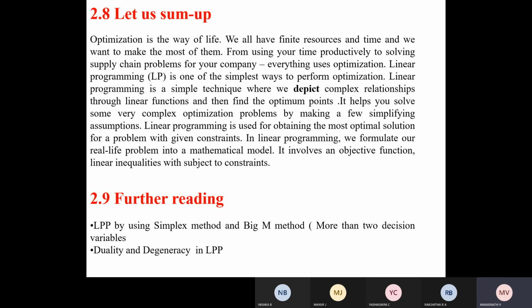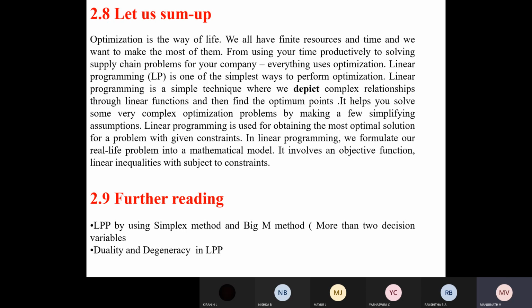Yeah, very good. Put the same in your chat box. All of your friends can read it. Nishka, how can you simplify the problem? Can you summarize this? LPP also helps in achieving the best outcome using mathematical solutions. Yeah, please put the same in the chat box.